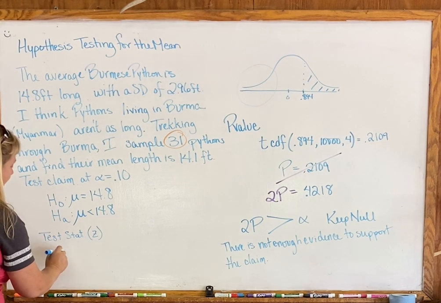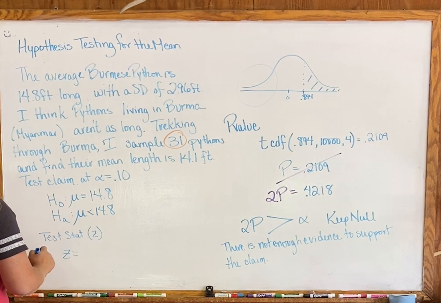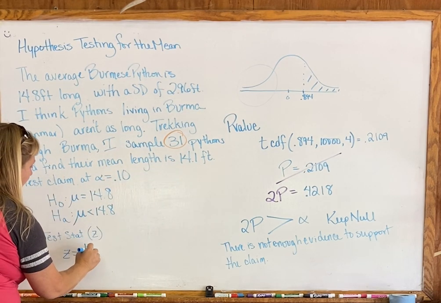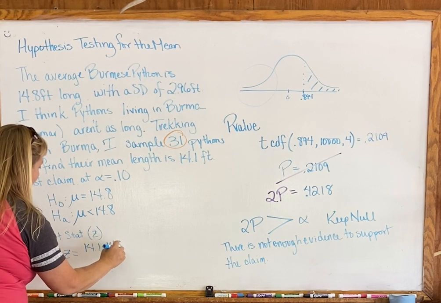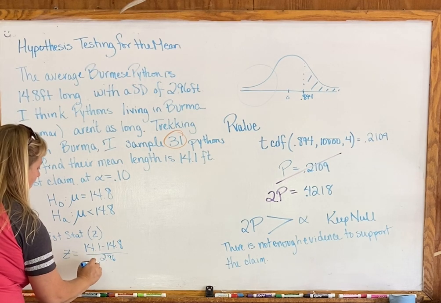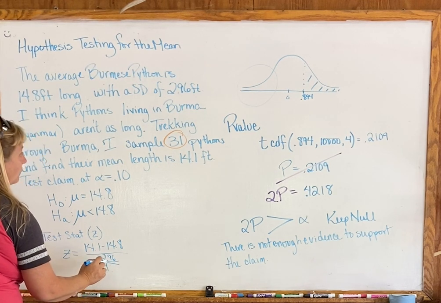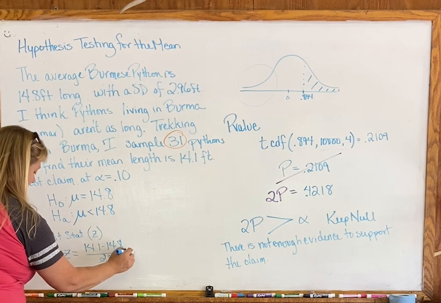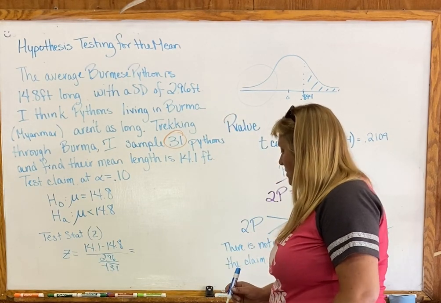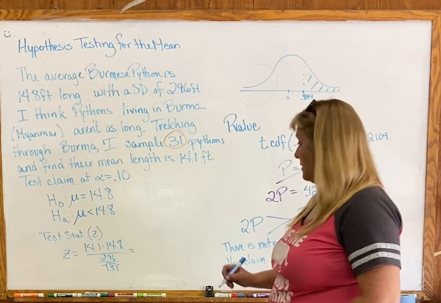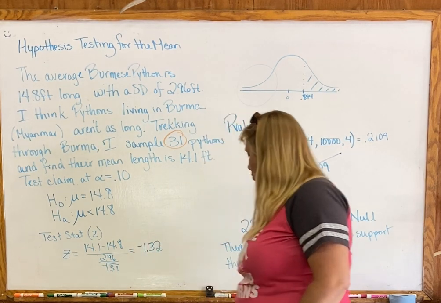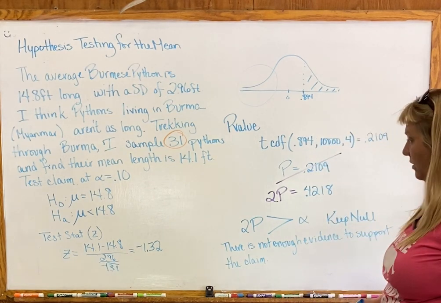So z equals 14.1 minus 14.8, all over 2.96 over the square root of 31. Fiddle that away in your calculator, and let's all hope we get negative 1.32. That's what I got in my calculator.